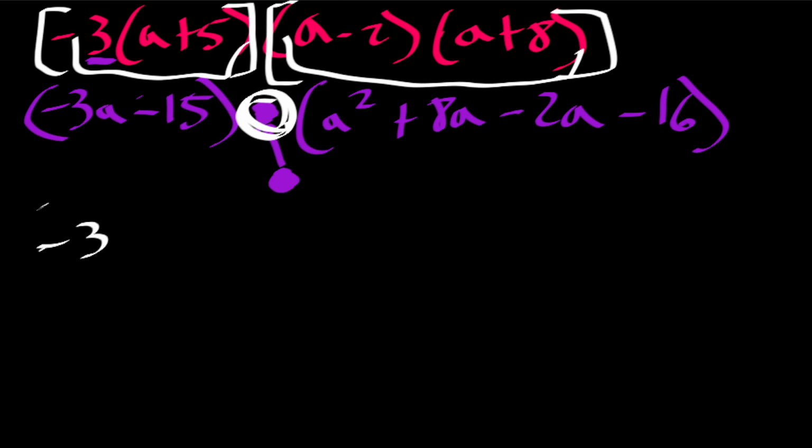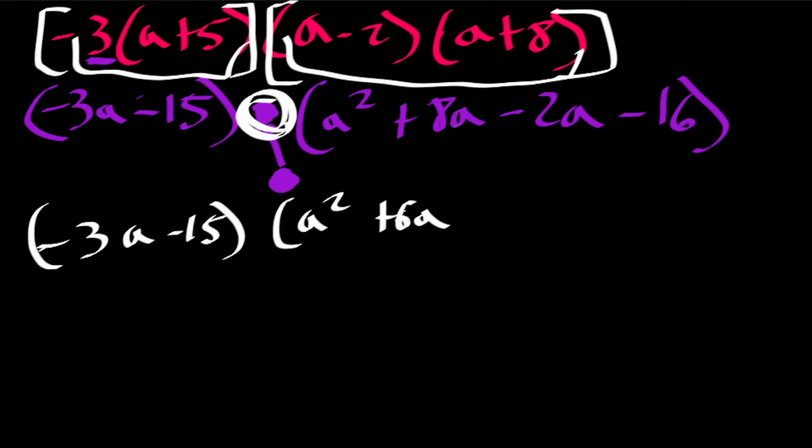So we're going to multiply -3a minus 15 times a squared plus 6a, when we combine our like terms here and here, minus 16. So now we're going to distribute twice here, again, just like the previous problem. But this is why these are so difficult, it's a lot of work and a lot of multiplying. So what I would suggest you do is just write everything out. That's usually the best way to keep from making mistakes.